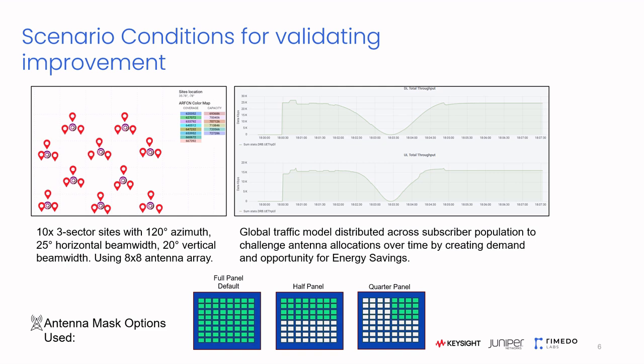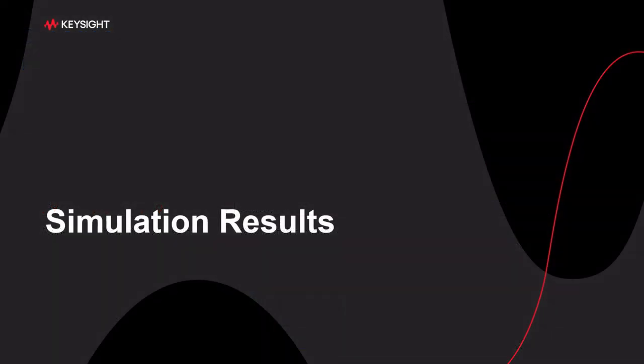The Rimedo Labs xApp will apply one of 3 different antenna mask options: full panel default, which is 8x8, half panel 4x8, and quarter panel 4x4. Let's review the simulation results.